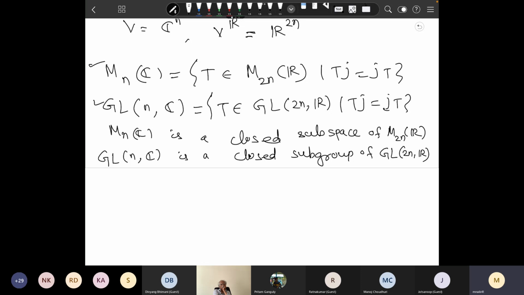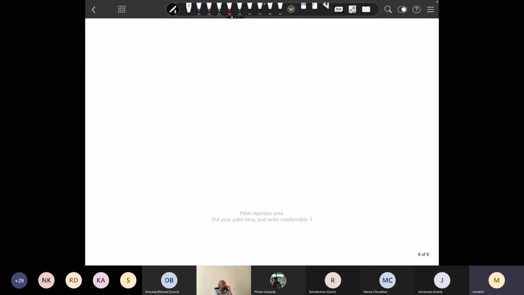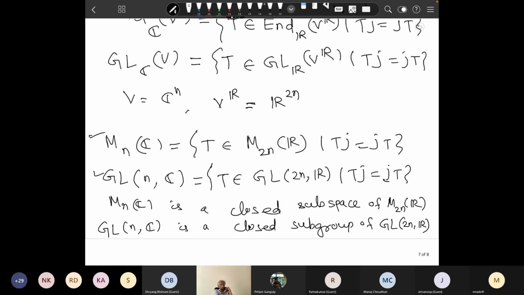This is clear because this is given by some equation. Now look at this expression. This M_n(C) sits inside M_2n(R). We are getting an embedding of M_n(C) inside M_2n(R), 2n cross 2n matrices.